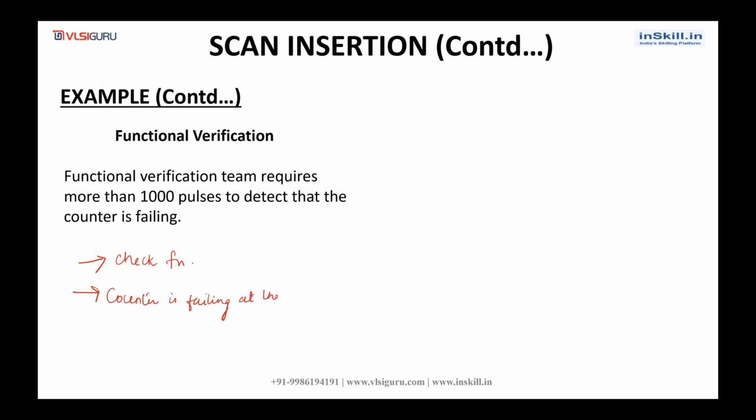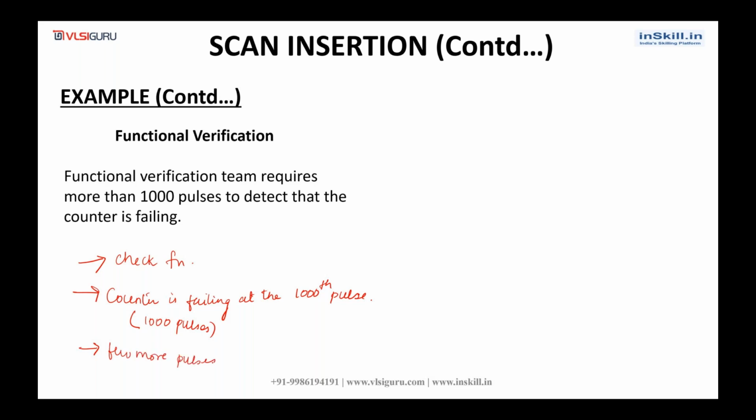At the 1000th pulse only, instead of counting 1000, it is again counting 999. So the counter has to count for 1000 pulses, and then a few more pulses will be required.